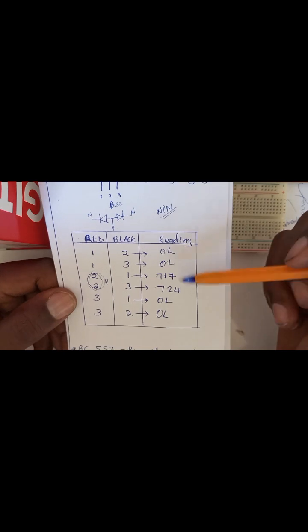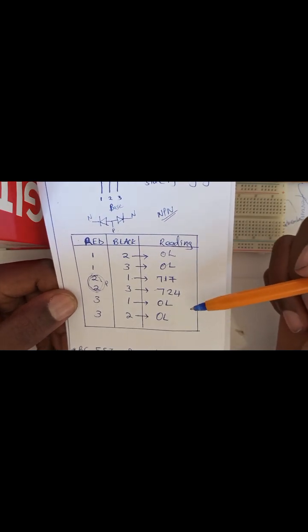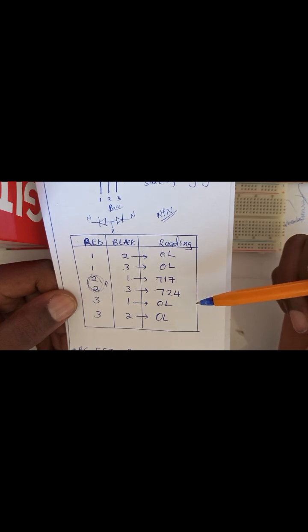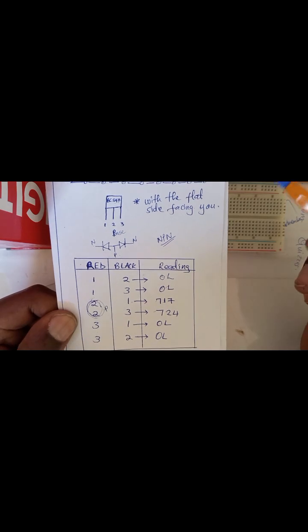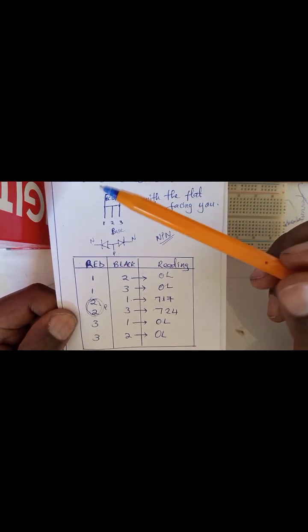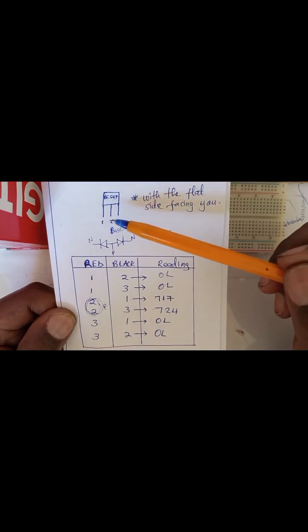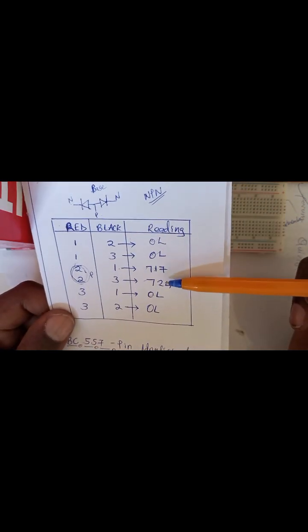Now, still from this particular table, how do you identify the emitter and how do you identify the collector? We have already identified the base. Now we want to identify between pin number 1 and pin number 3, which is the collector and which is the emitter. So this table is going to help us.